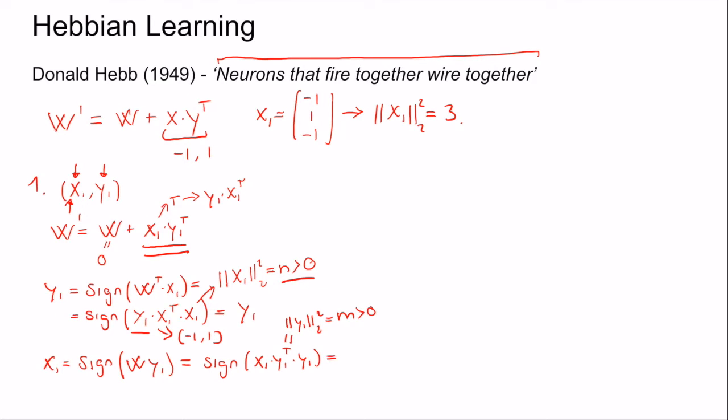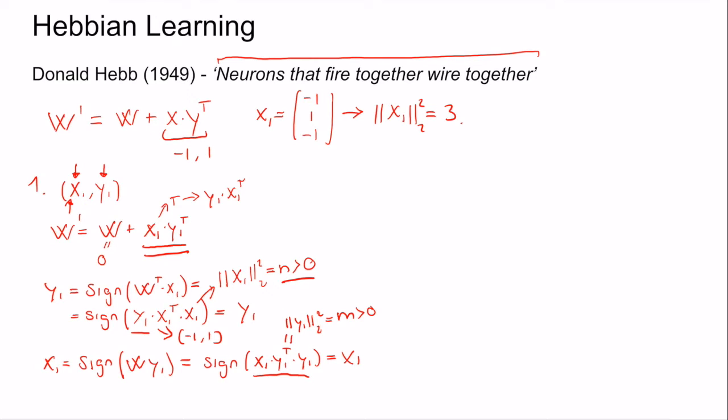So the sign of this term is x1. This proves that x1, y1 is an equilibrium point, because after processing it through the network, it doesn't change.